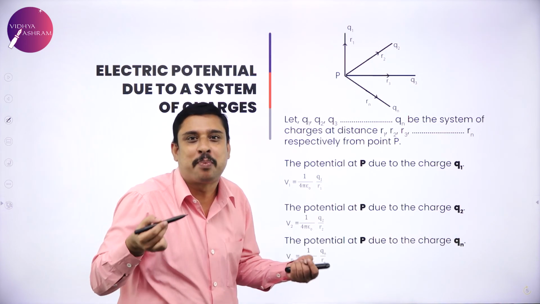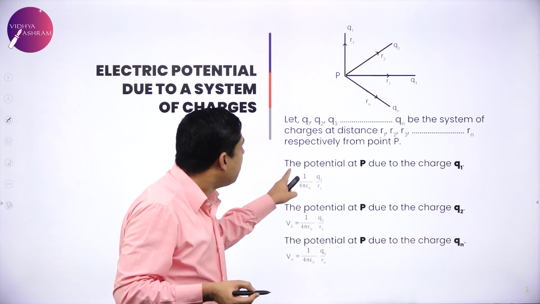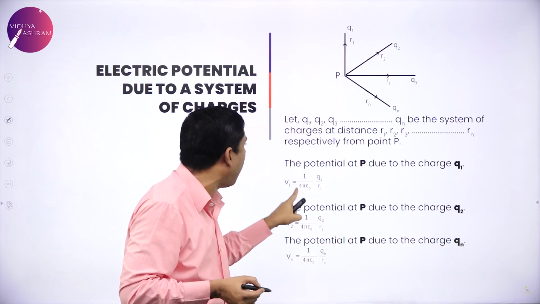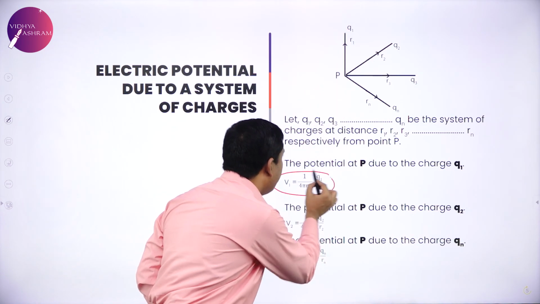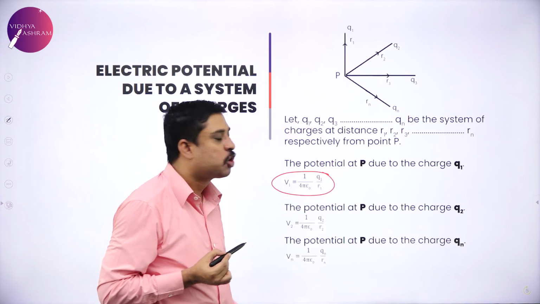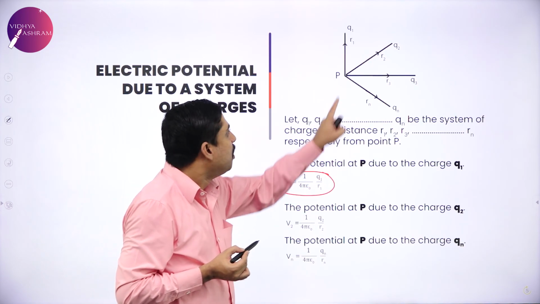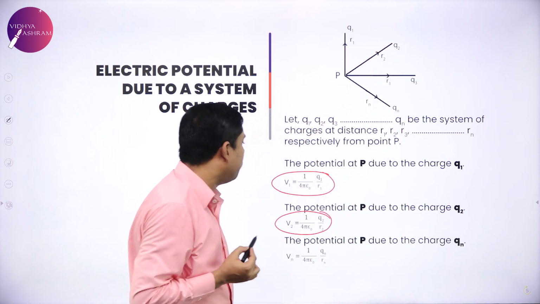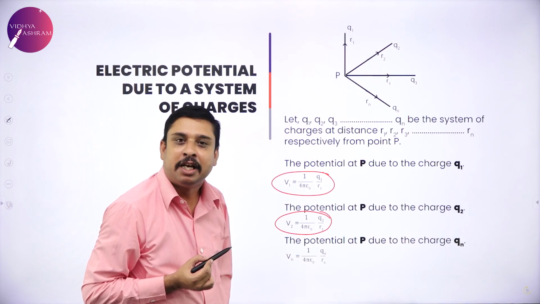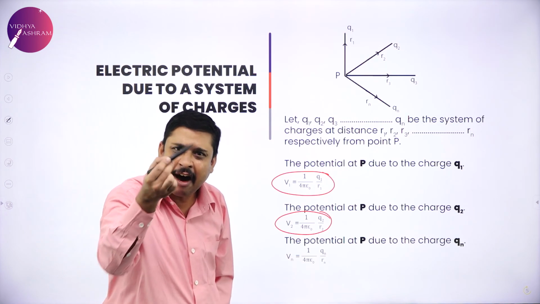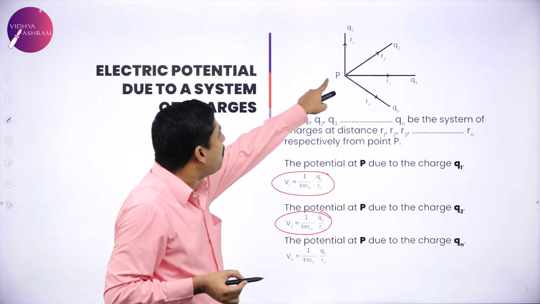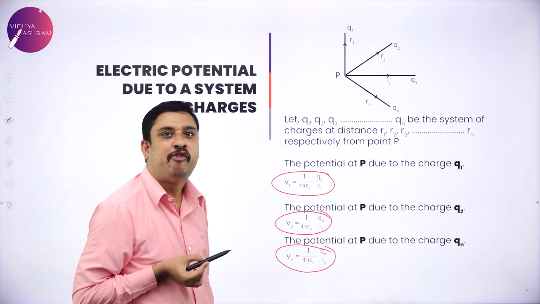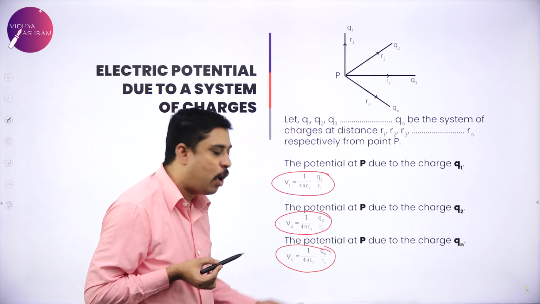Then use superposition principle. That is, first, potential at P due to the charge Q1. This is 1 by 4 pi epsilon naught Q1 by R1. Potential at P due to the charge Q2, 1 by 4 pi epsilon naught Q2 by R2, charge by distance. Potential at P due to the charge Qn, 1 by 4 pi epsilon naught Qn by Rn.